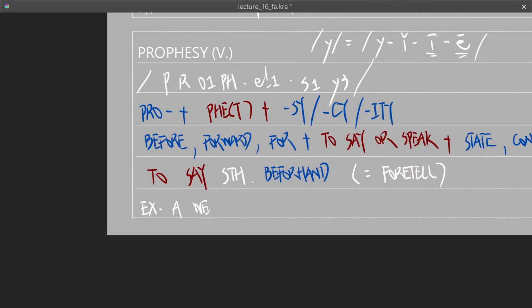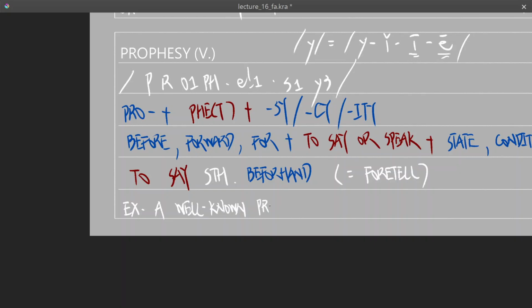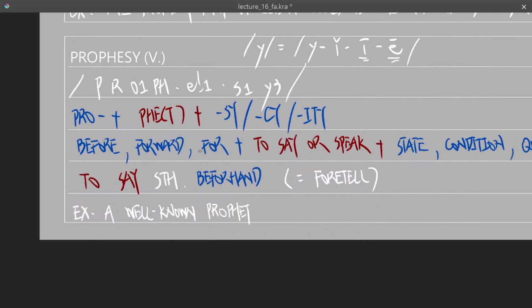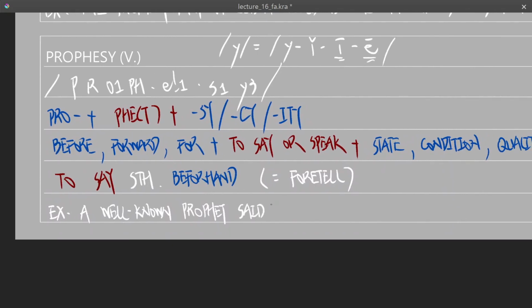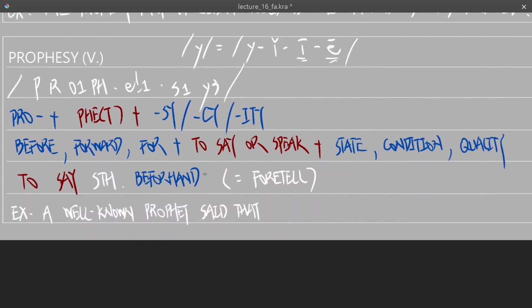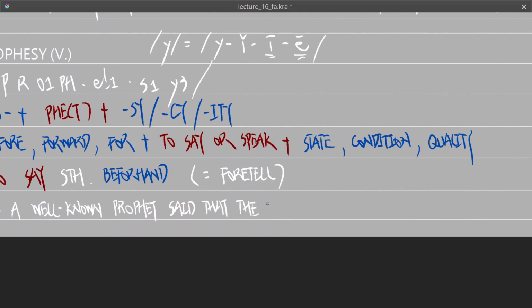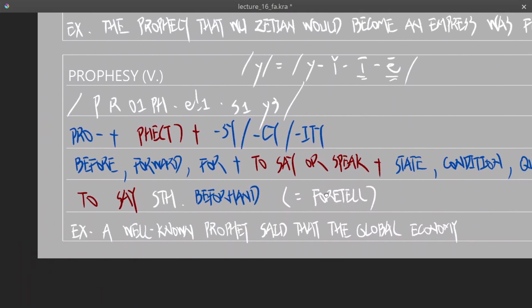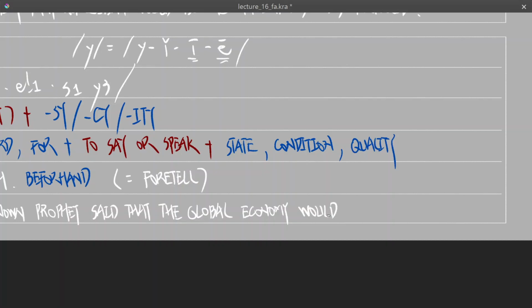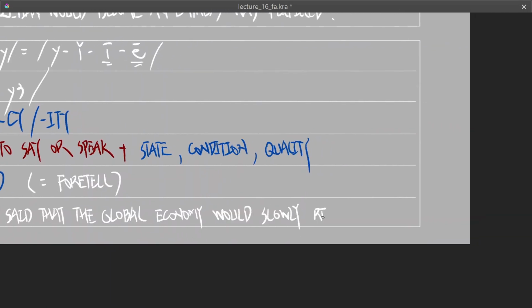And for example, let's say we have a well-known prophet who said that the global economy would slowly recover in the next few years.